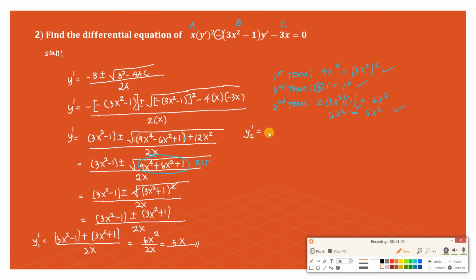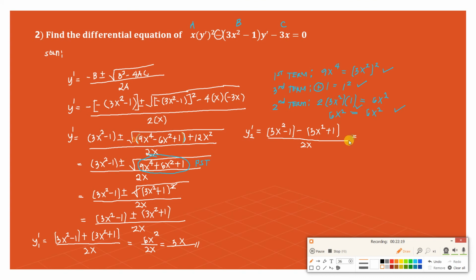Okay, kunin naman natin yung negative. 3x squared minus 1 minus 3x squared plus 1 over 2x.